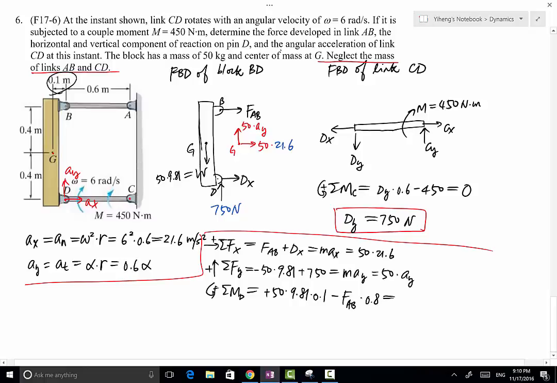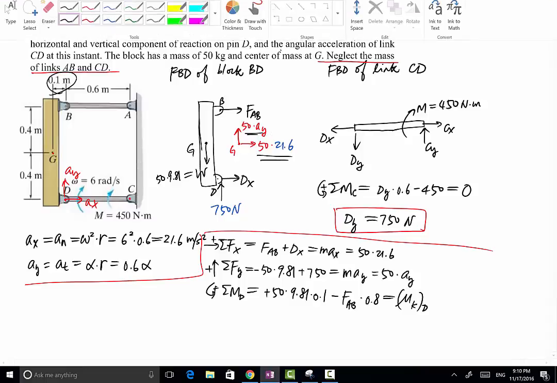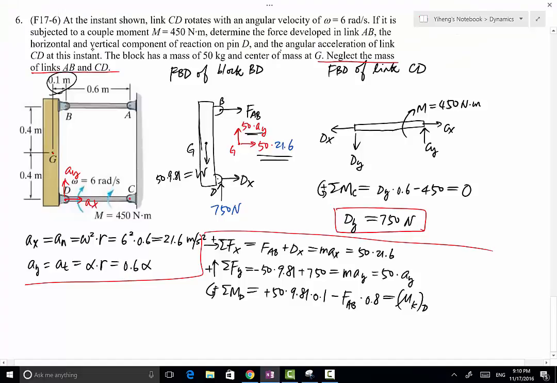And that equals the kinetic moment about point D. And in this case, we have 50 Ay, and these two mAs both have a moment about point D because the locations of these two mAs are both at point G.